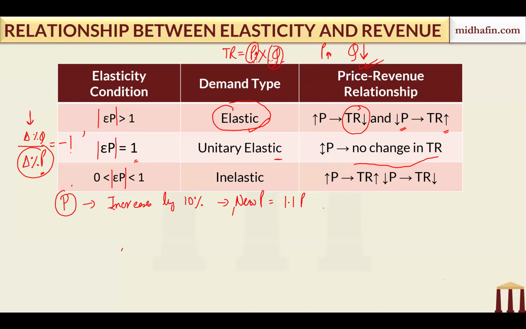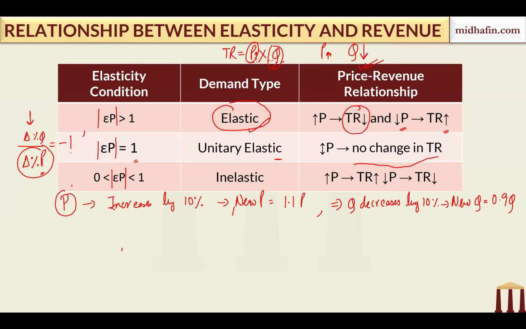So they say that if percentage change in price is 10%, according to their argument, if the elasticity is negative 1, the quantity demanded will be reduced by 10%. So Q decreases by 10%. Can you tell me what is new Q? 0.9 Q. Very good.